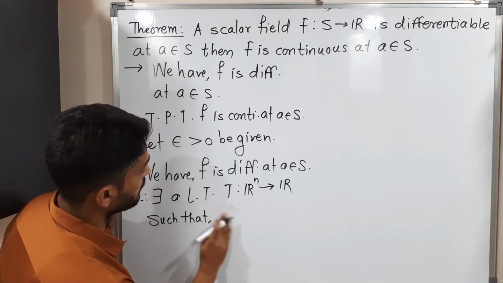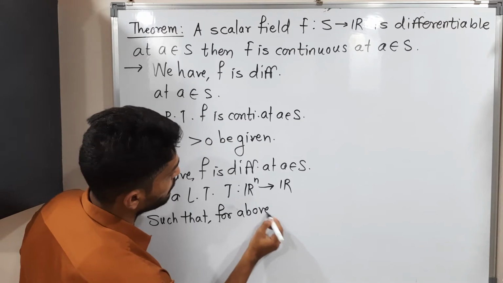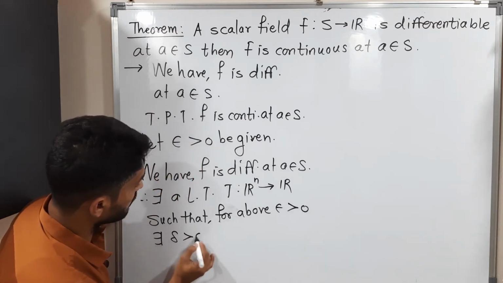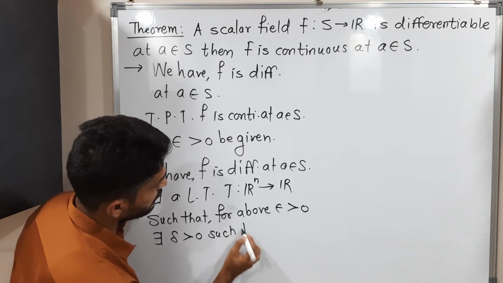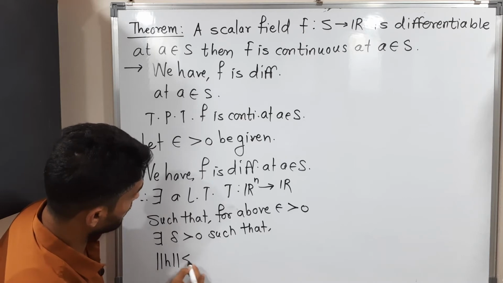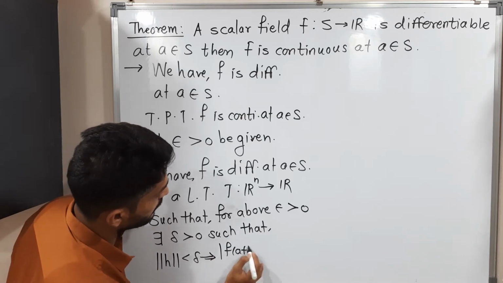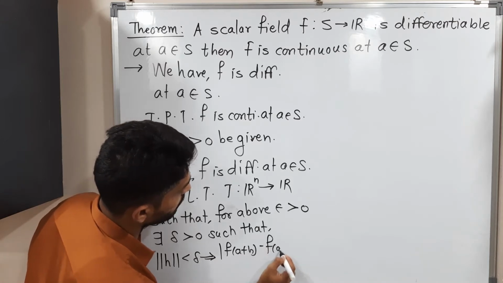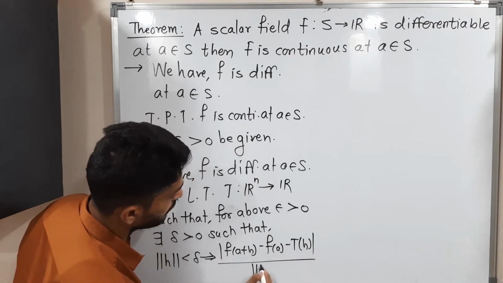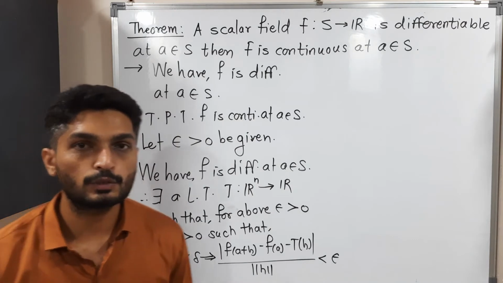For the above epsilon greater than 0, there exists delta greater than 0 such that norm h less than delta implies mod f of a plus h minus f of a minus T of h, divided by norm h, is less than epsilon. Using the definition, we could write it.